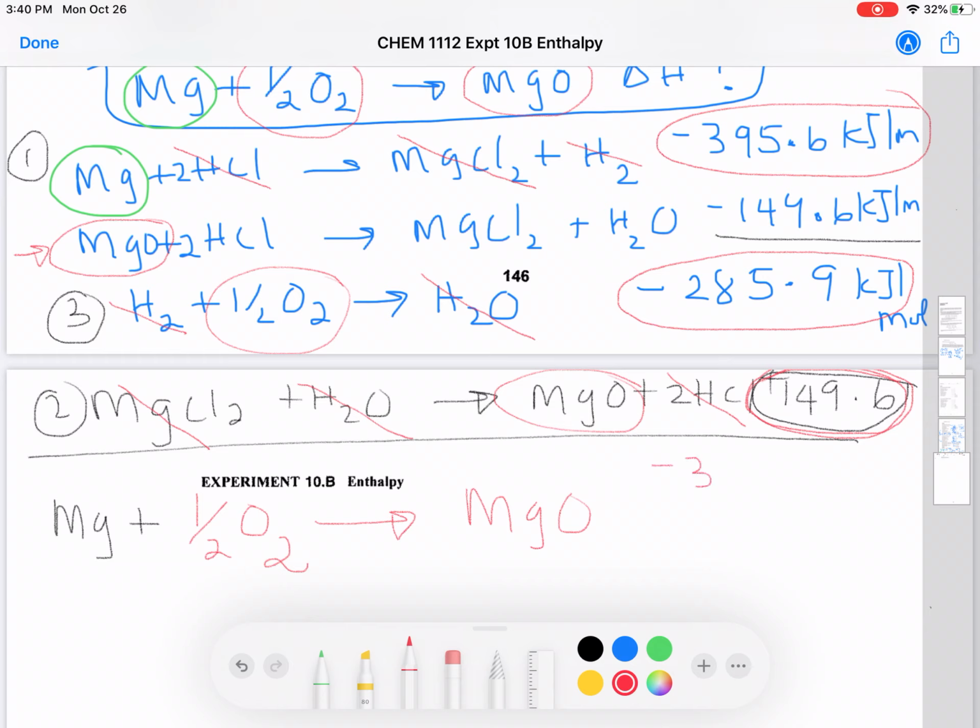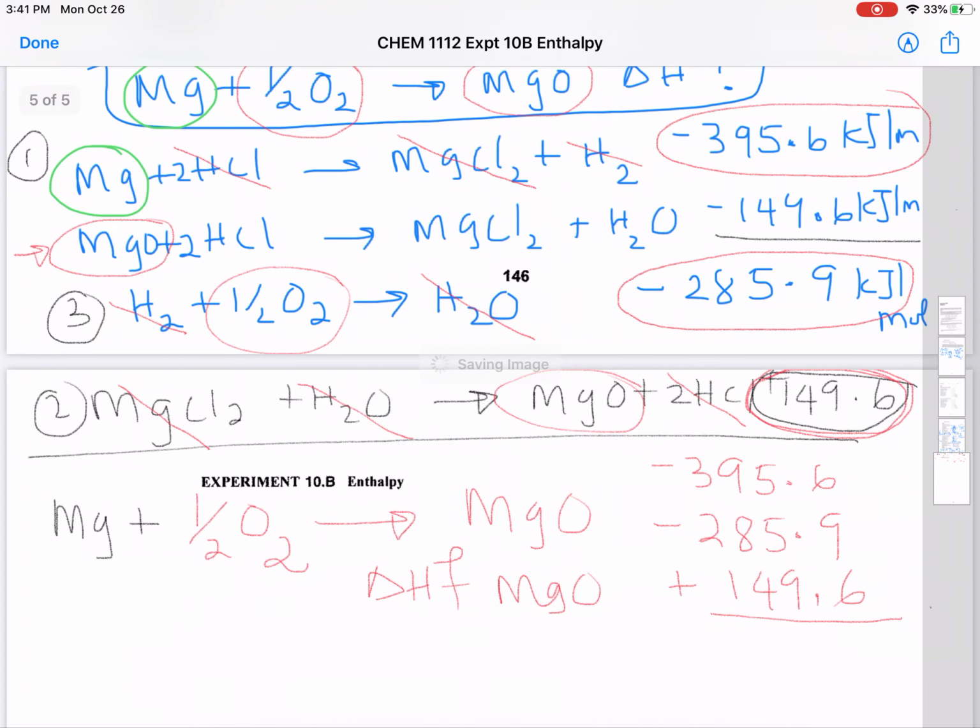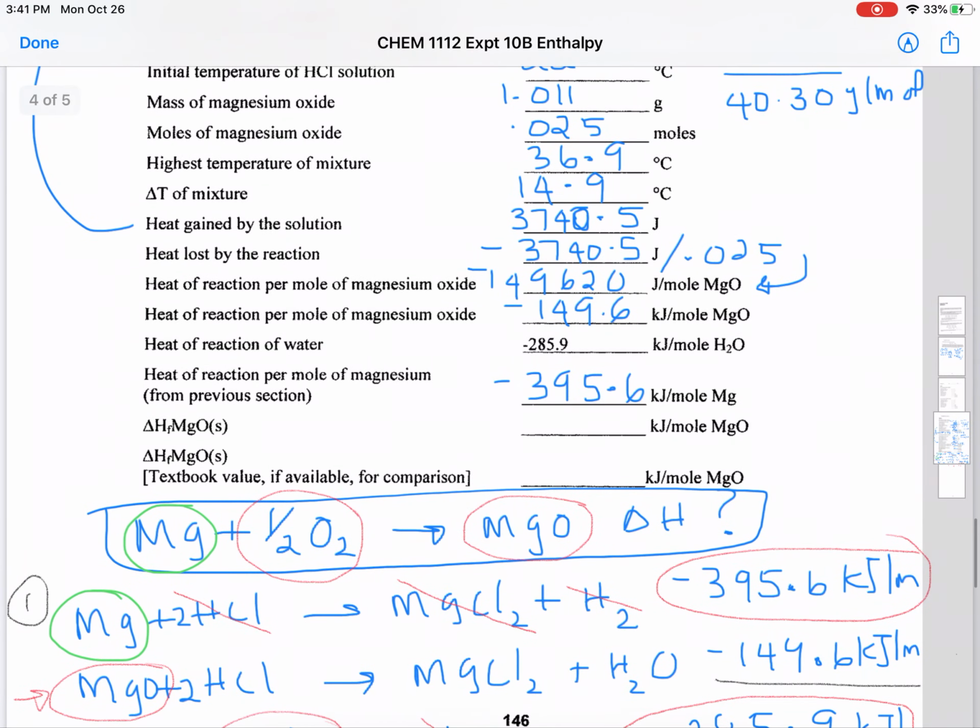So you add negative 395.6, negative 285.9 and positive 149.6. When you calculate these three, you will find the delta H formation for magnesium oxide. And then you can write down that answer over here.